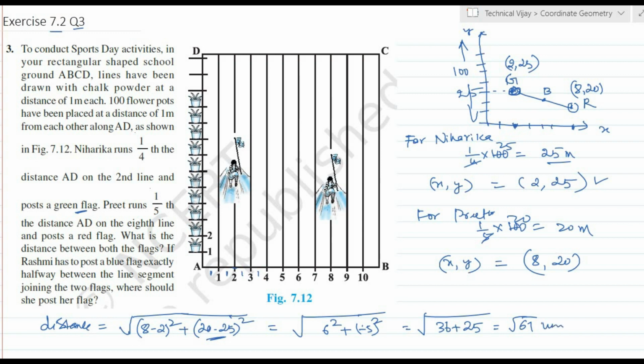Units: they have mentioned all the units in meters, so it is square root of 61 meters.